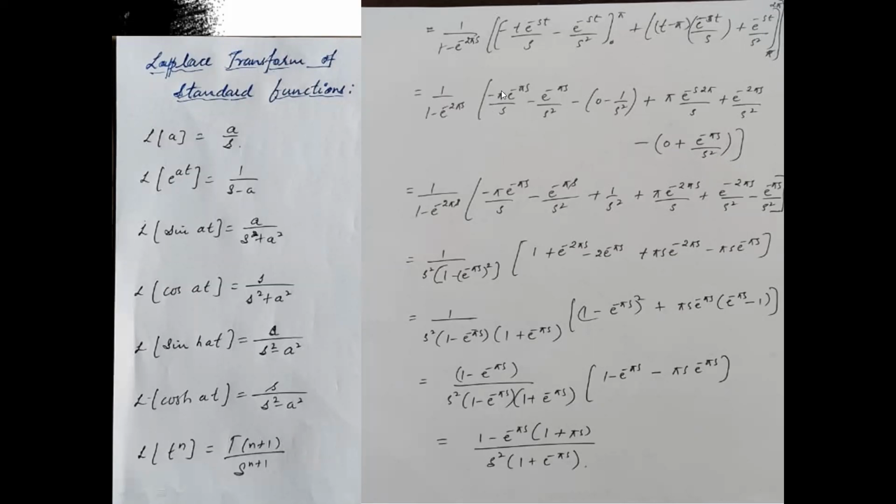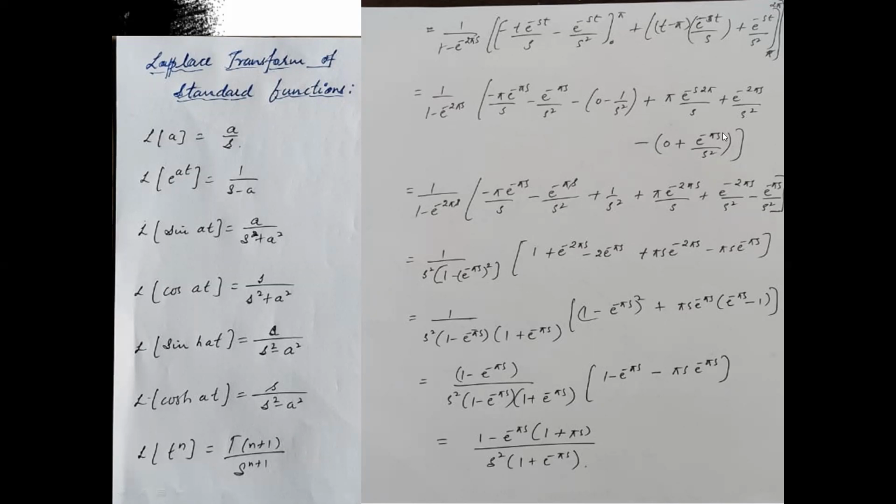Let us simplify this. It is minus pi e raised to minus pi s by s. Again minus e raised to minus pi s by s square. Here minus of minus, it is plus 1 by s square. Then here pi e raised to minus 2 pi s by s. Here plus e raised to minus 2 pi s by s square.